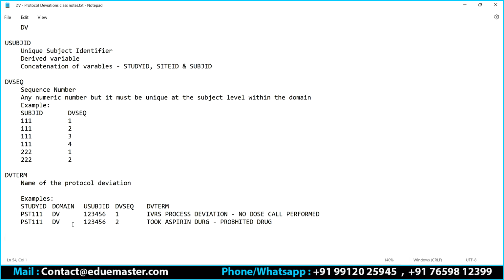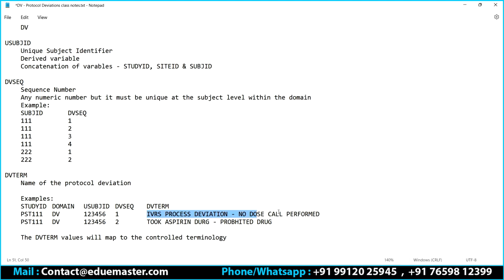The most important thing that you need to understand here is that the DV term values will map to the controlled terminology. So we have some controlled terminology, right?